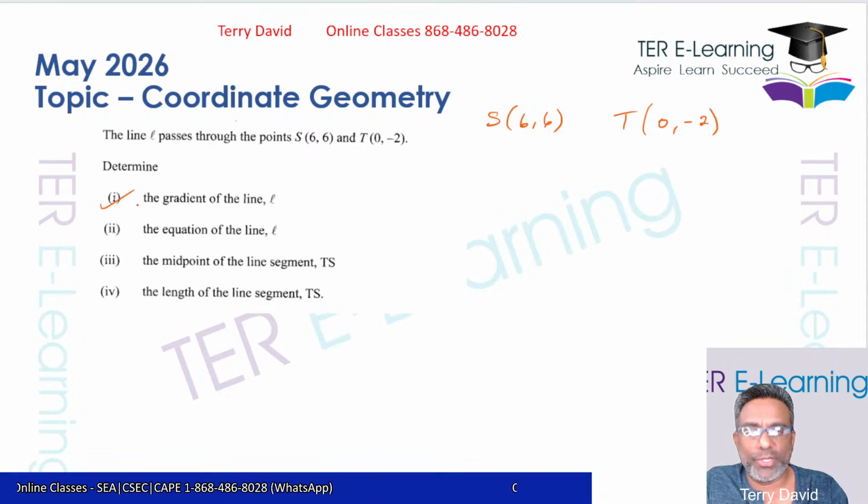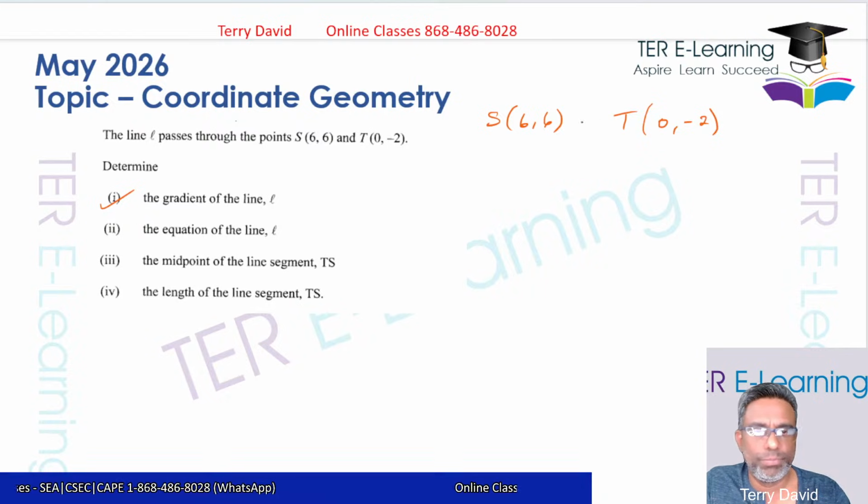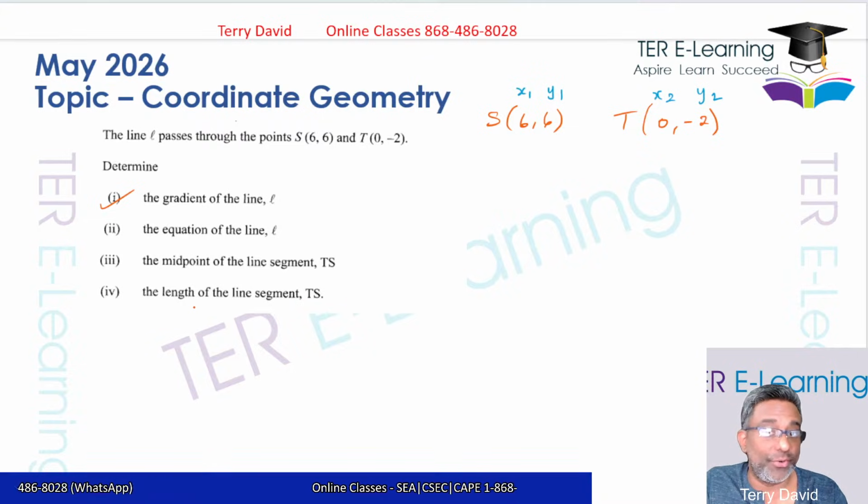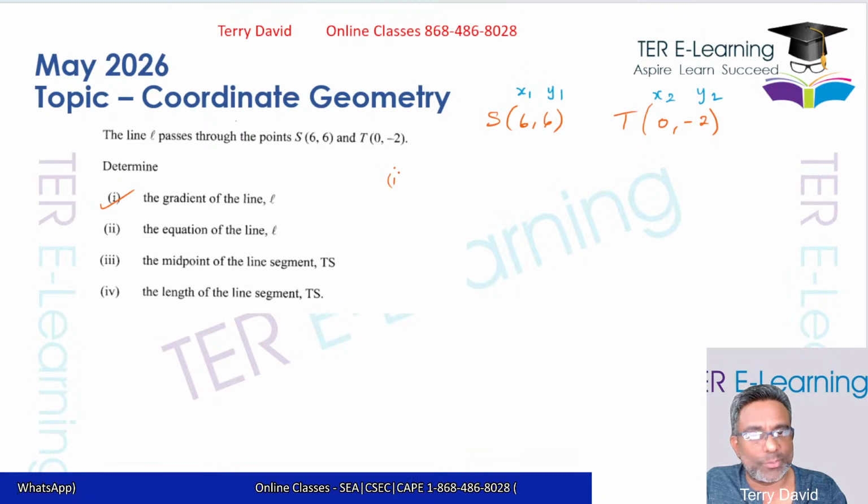So the first thing we want to do, we want to work out the gradient of the line L. So again, x1, y1, x2, y2. We're going to use our gradient formula to work out the gradient of L. So this is part 1.